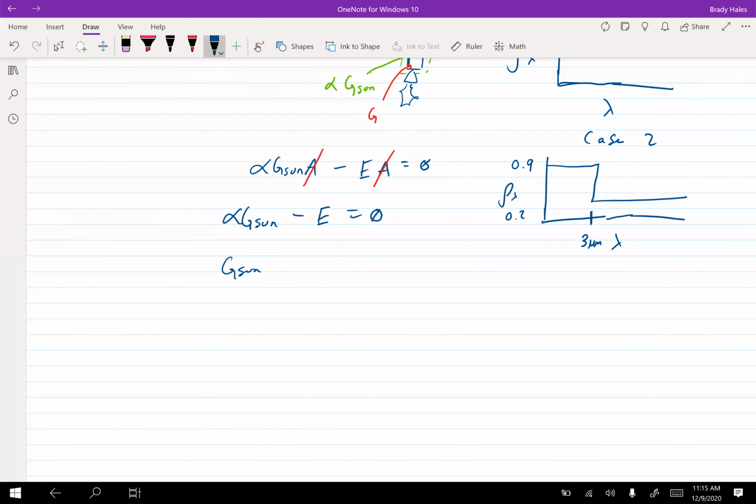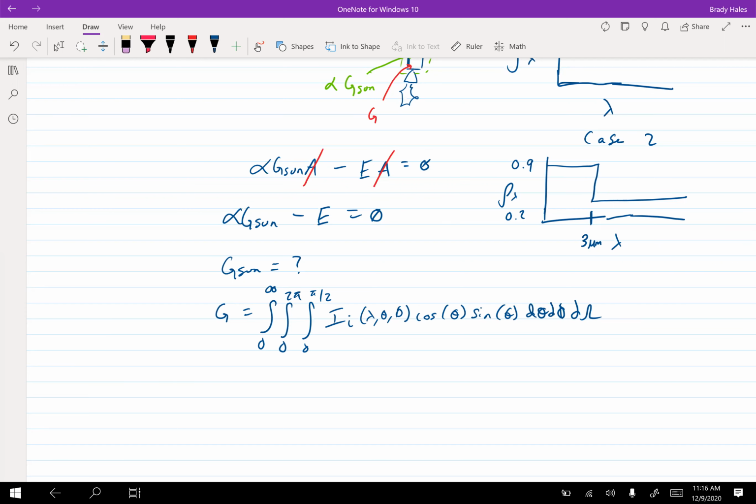So I know a definition for G. That's the integral from 0 to infinity, 0 to 2 pi, 0 to pi halves, of I incident, lambda, theta, phi, cosine theta, sine theta, d phi, d theta, d lambda.